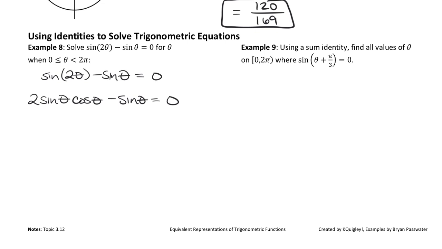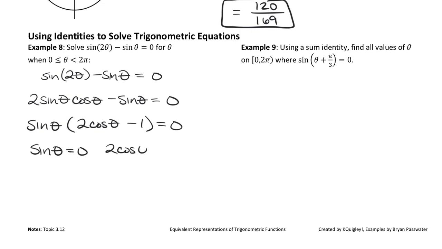What do you notice now is the same in both terms? We're going to go back to those skills. We're going to factor out sine of theta, which would leave me with 2 cosine of theta minus 1. Once they're set equal to 0 and factored, what do we do? Set both equal to 0 and solve.